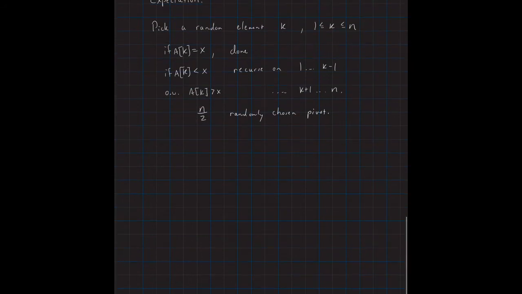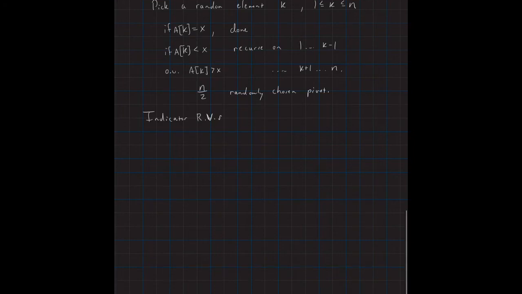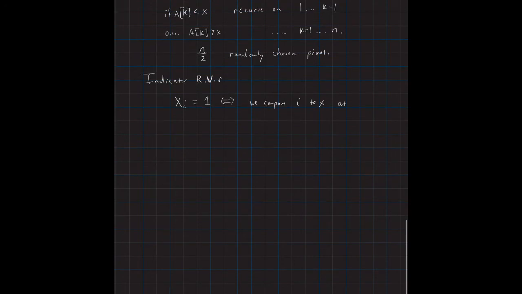Traditionally, when you're looking at randomized algorithms, you want to use indicator random variables. These are very convenient. So let's say xi is equal to 1 if and only if we compare i to x at some point in the algorithm.